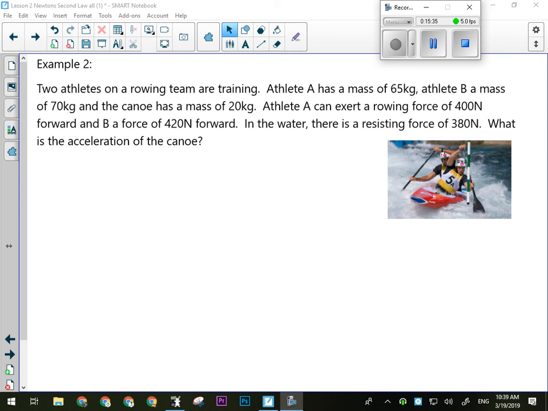All right, what's my first step in these always to draw? Okay, what kind of diagram? The free body diagram. All right, so inside the free body diagram is where I write what? The mass. Okay, what mass am I dealing with here? 20 plus 65 plus 70. It's not just the canoe. The two guys are in it too.